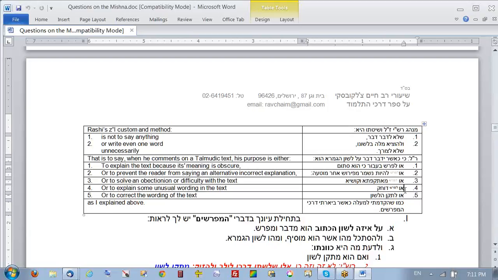Sometimes the text says what it says, but the simple meaning of the text is not the real meaning of the text. You have to use a secondary meaning of the word. Like this word avos, for instance. If someone would think that it means a biological av, which maybe, I'm not saying that's such a good havamina, but let's say you would have that. He has to tell you no, it's really not being used in that sense.